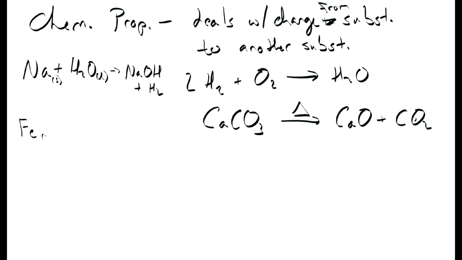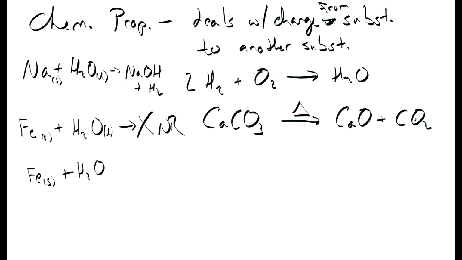Iron, solid iron, will not react with liquid water. Okay, liquid water gets no reaction. No reaction. But if you add iron to steam, gaseous water, you will get a reaction. You'll get iron hydroxide and hydrogen gas.